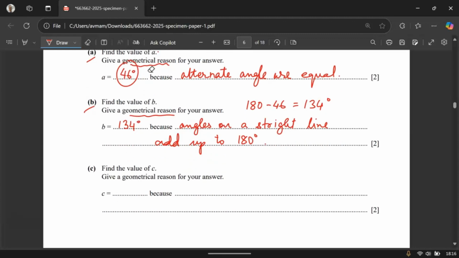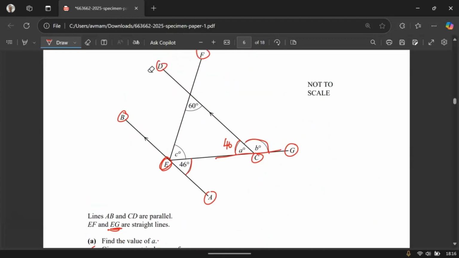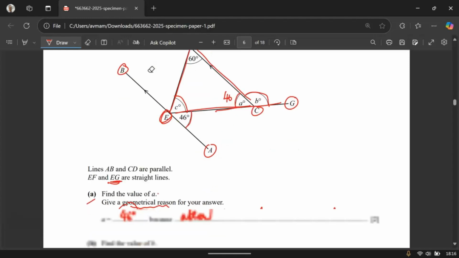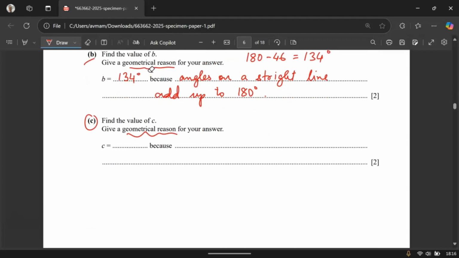Question C. Find the value of C, give geometrical reason. Let's go to C. C is right over here. Here you can see a triangle. Okay, so angles in a triangle add up to 180 degrees. So 60 and 46 are the two other angles.